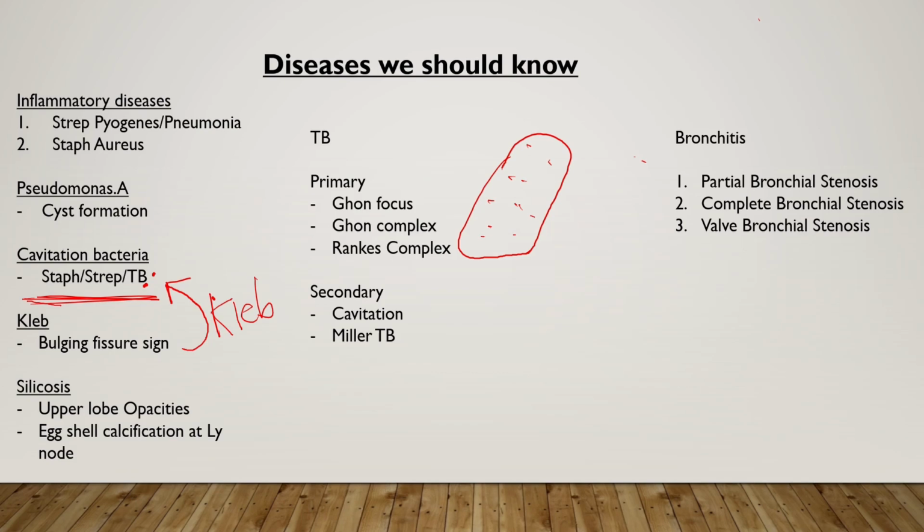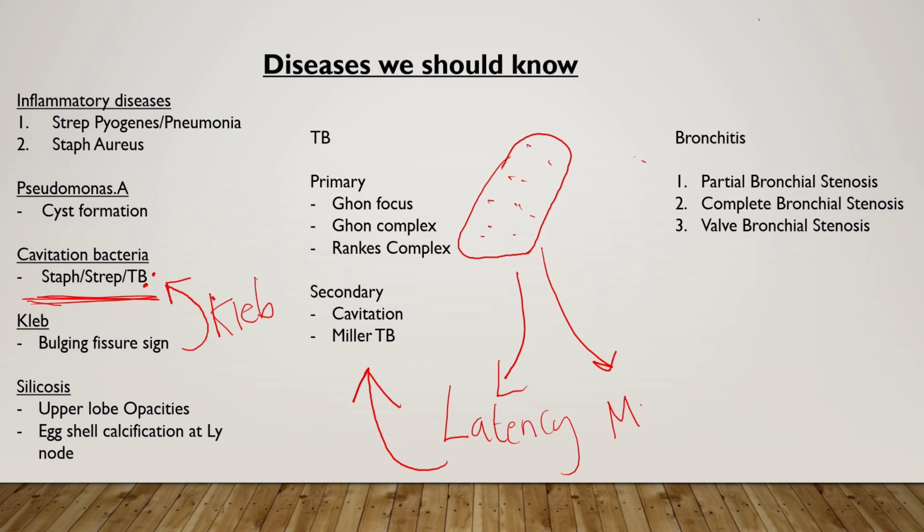But two other things can happen: the TB can undergo latency or dormancy, and if there is some immunocompromisation, you can get secondary TB. Or it can just multiply there and then, though this is more rare.